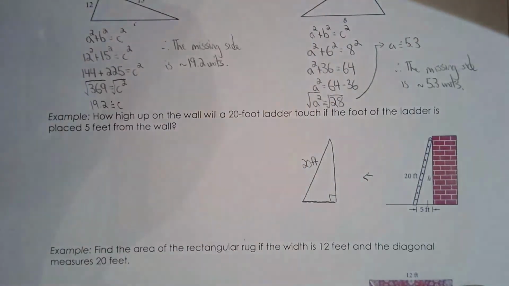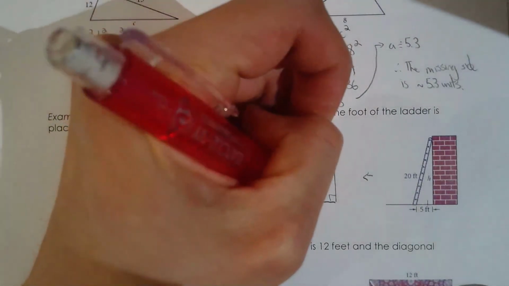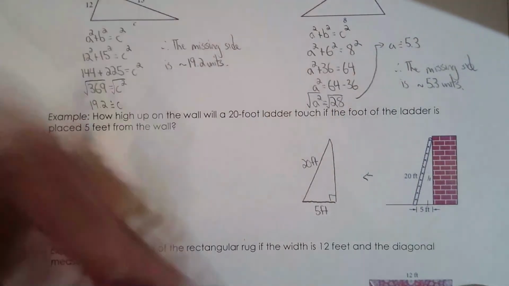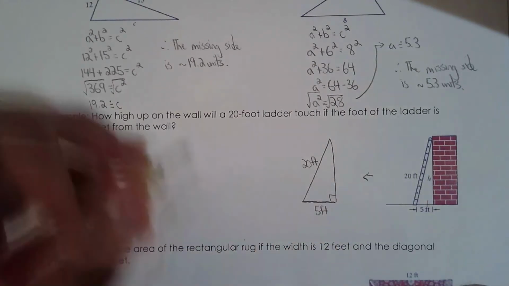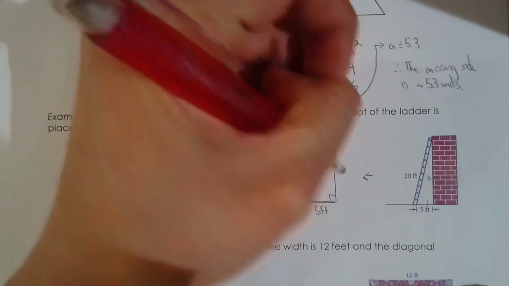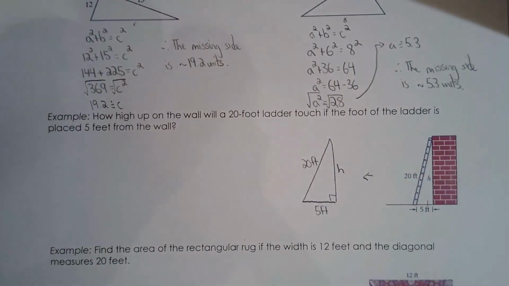So the ladder itself is 20 feet. The base of the ladder, the foot of the ladder, is 5 feet from the wall. So what is the height? Let's call this h. We're definitely going to use the Pythagorean theorem because I see a right triangle, and I have 2 of the 3 sides. The question is, am I trying to solve for the leg of the right triangle, or am I trying to solve for the hypotenuse?